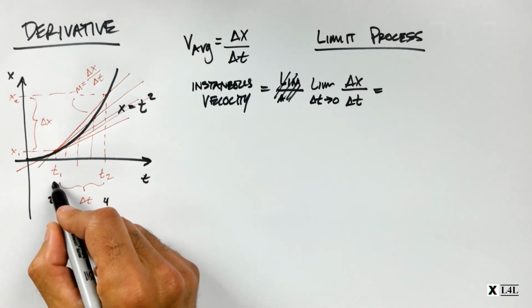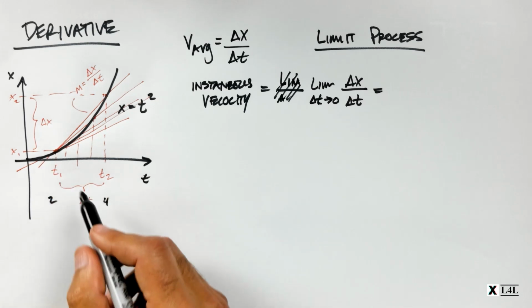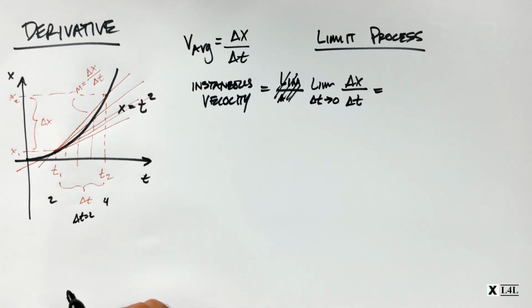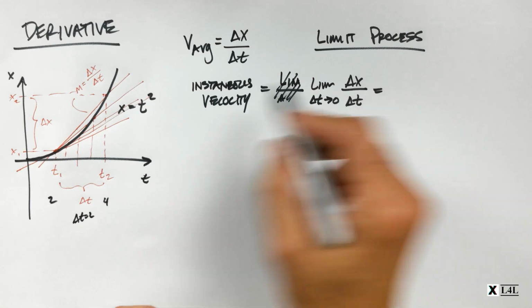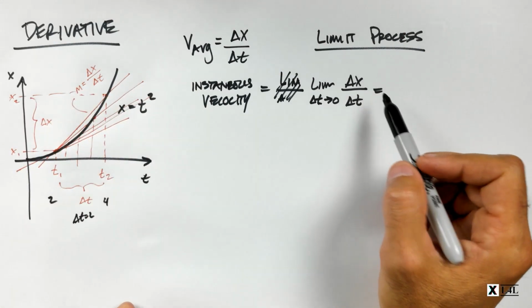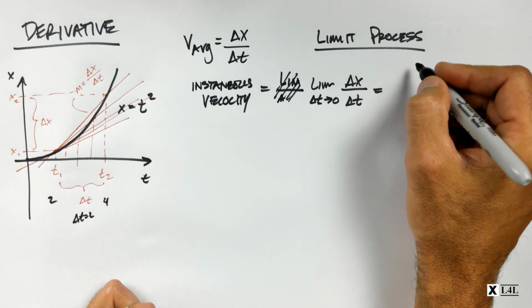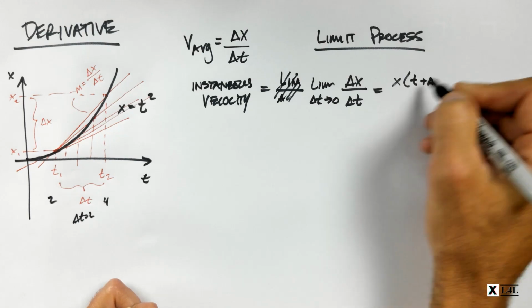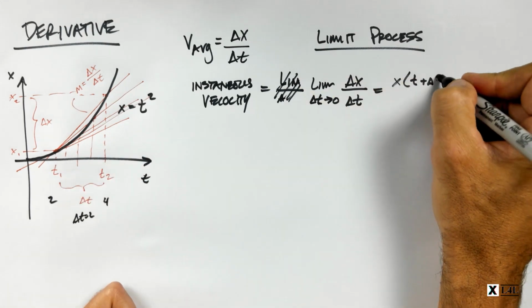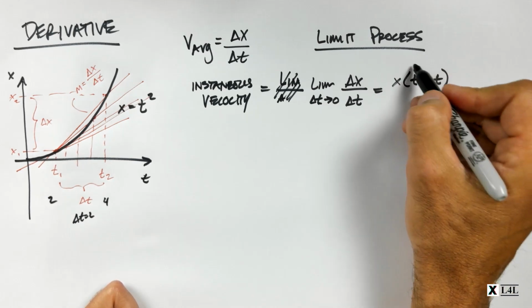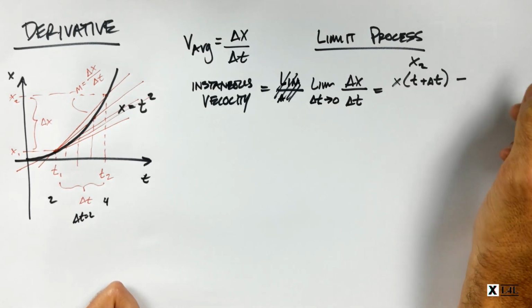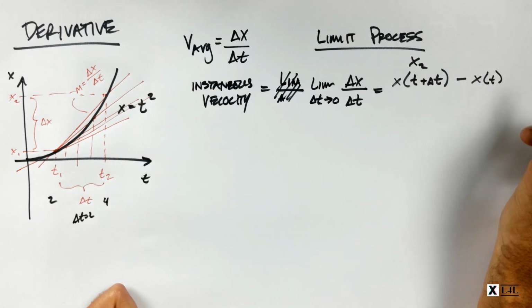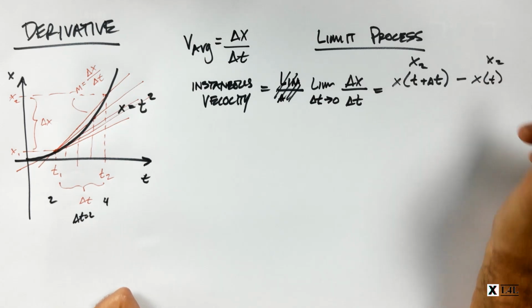But I could write it as t1, the time that I'm looking to find it, plus delta t, which in this case would be 2. But if I'm leaving it in variable form, to find x2 minus x1 for the top part of this equation, I can write x as a function of time 1, the time that I'm looking for, plus the change in time. That is x2 here, minus x1, which is really just the position x with respect to time at time 1. So this is really x1.